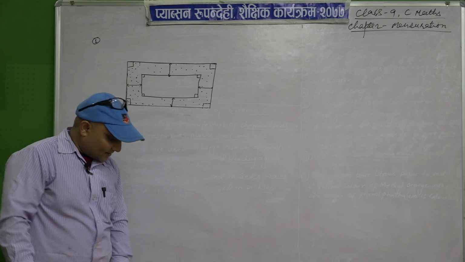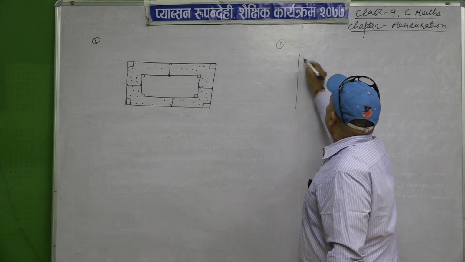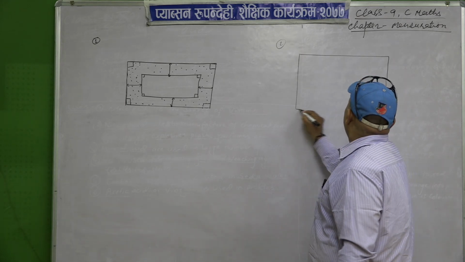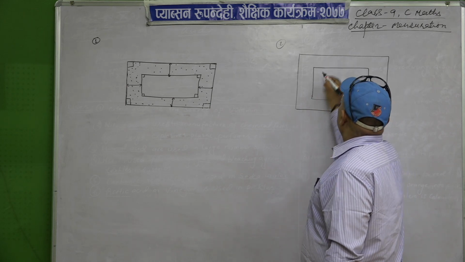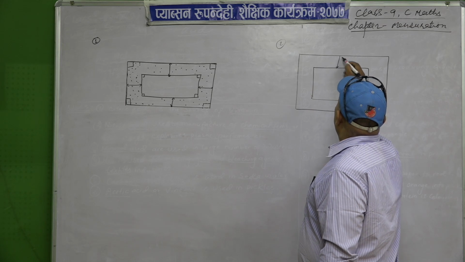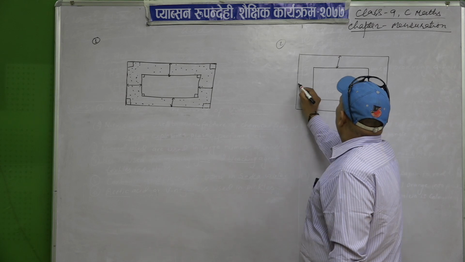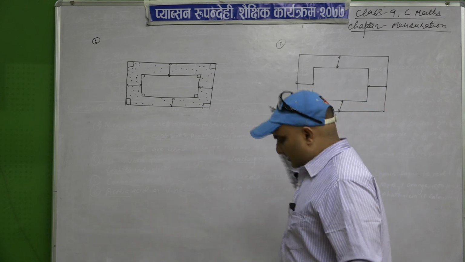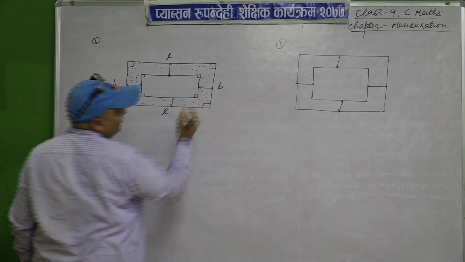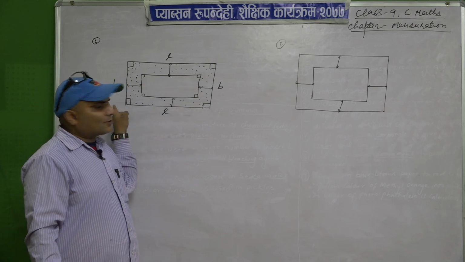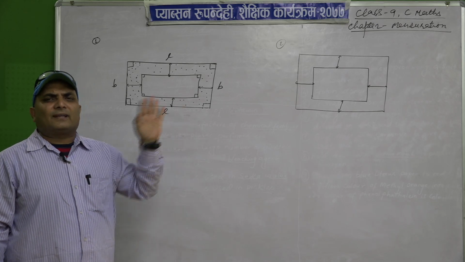But take a second condition in the same figure. Suppose this is the uniform width. Suppose this length and this breadth is given, at that time this path is called path inside the rectangle, or rectangular field, or rectangular garden, or rectangular anything.